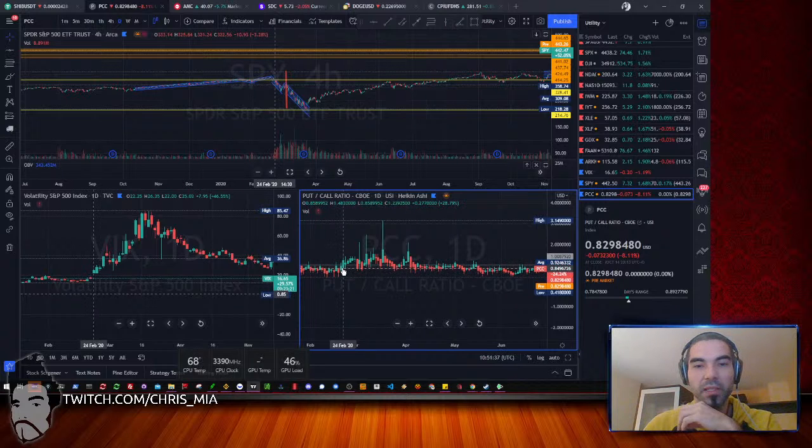But as it increased here with our S&P decreasing and our volatility gapping up, here's a big green candle on our put call ratio and a big gap up on our volatility index, plus a correlating downward red candle on S&P 500.